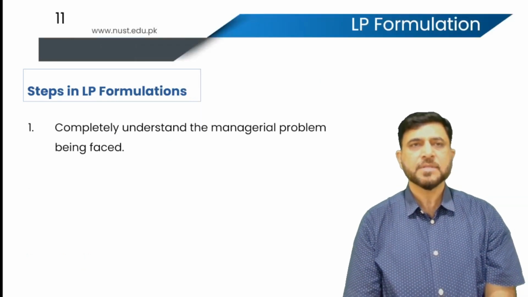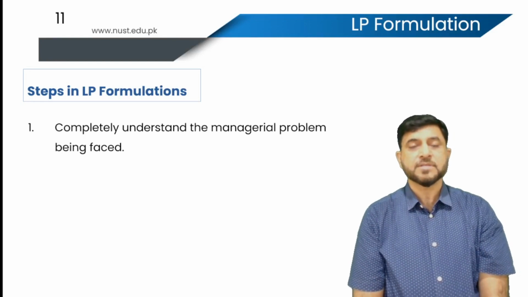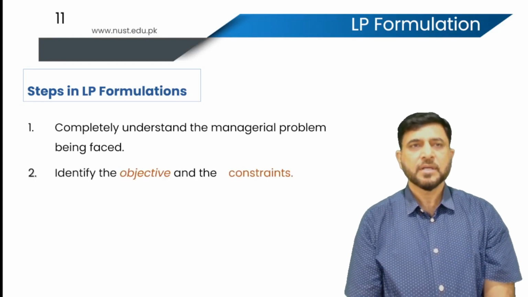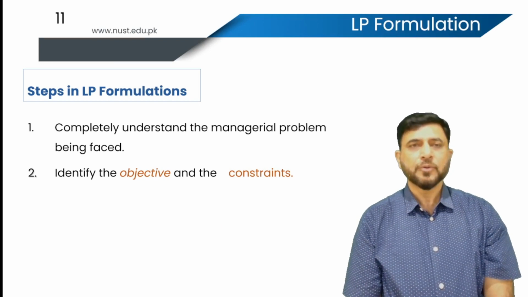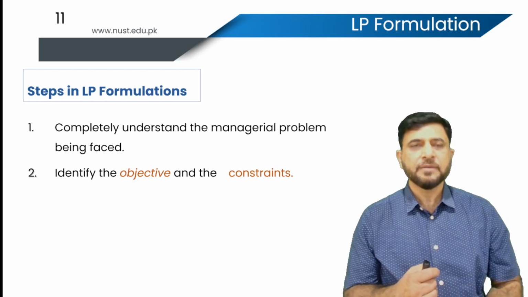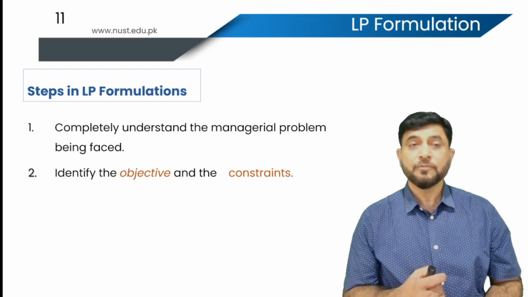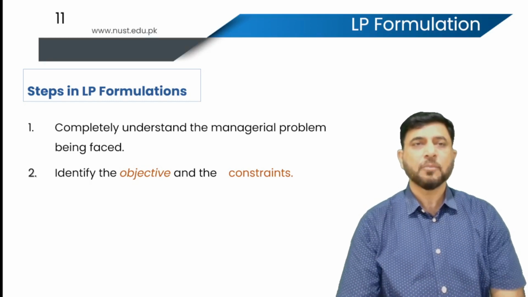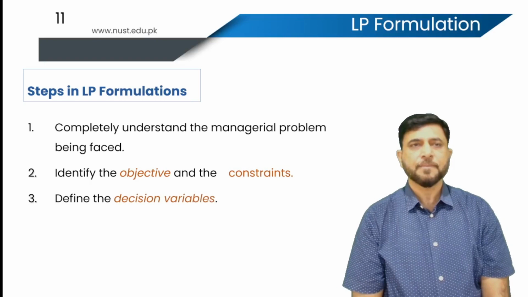What are the steps? Number 1, completely understand the managerial problem first, which is being faced. Then identify the objective and constraint. You know, we have objectives, we have constraints, and we have alternatives. So first of all, after understanding the problem, you have to identify your objectives and the constraints.